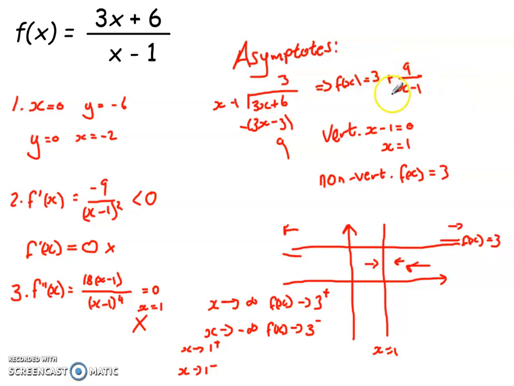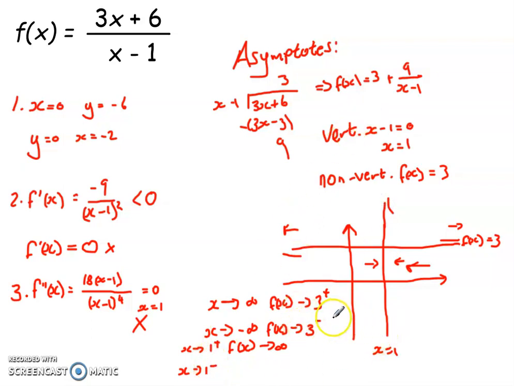But that positive number is going to get bigger and bigger as the denominator gets smaller and smaller. I'm going to keep increasing the size of the number as I get closer and closer, until I get infinitely close to it. So as x tends towards 1 from above, f of x is going to tend towards infinity. So it's going to tend up in this direction.